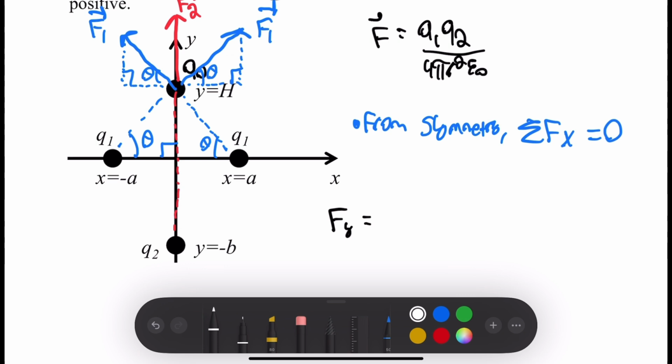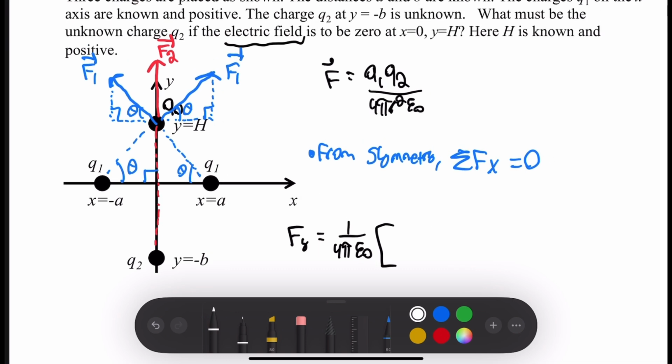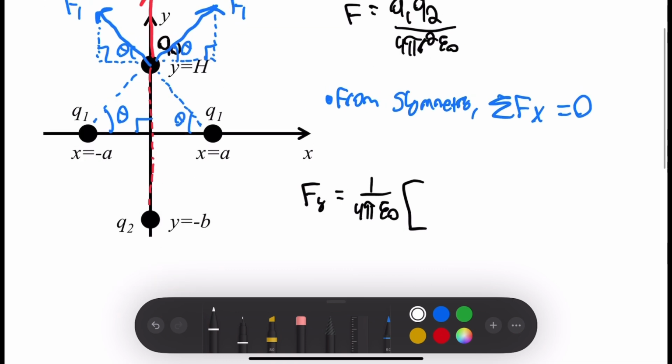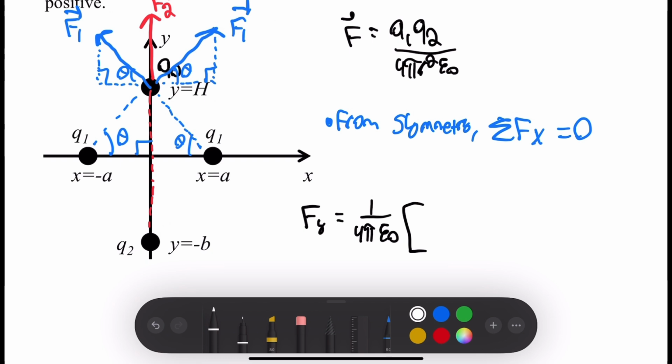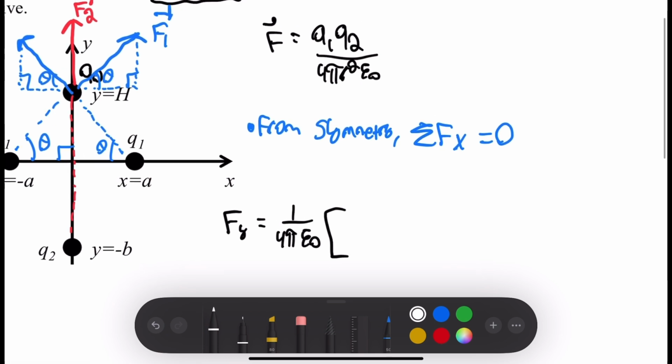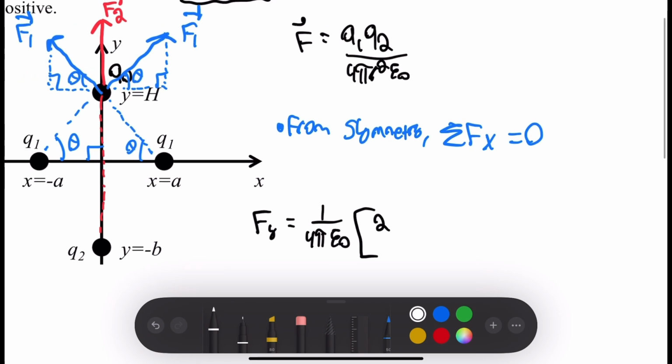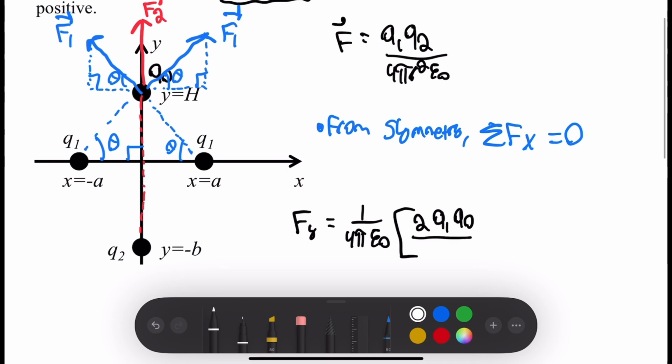Now I'm going to pull out the constants, which is 1 over 4 pi epsilon naught. And then if I look at my force 1, I'm going to have 2 of those, right? I could just add them up twice, but it's easier to just multiply one of them by 2. And that force created by the blue vectors would be Q1 Q0 divided by the radius squared.